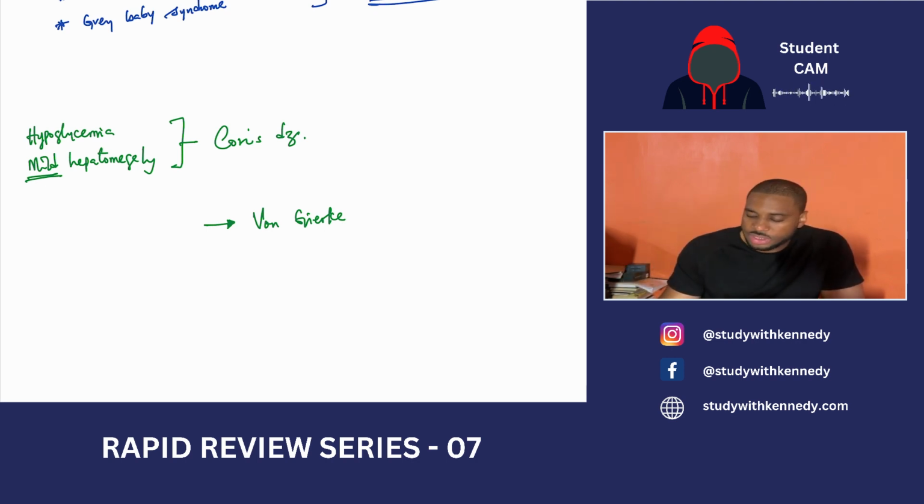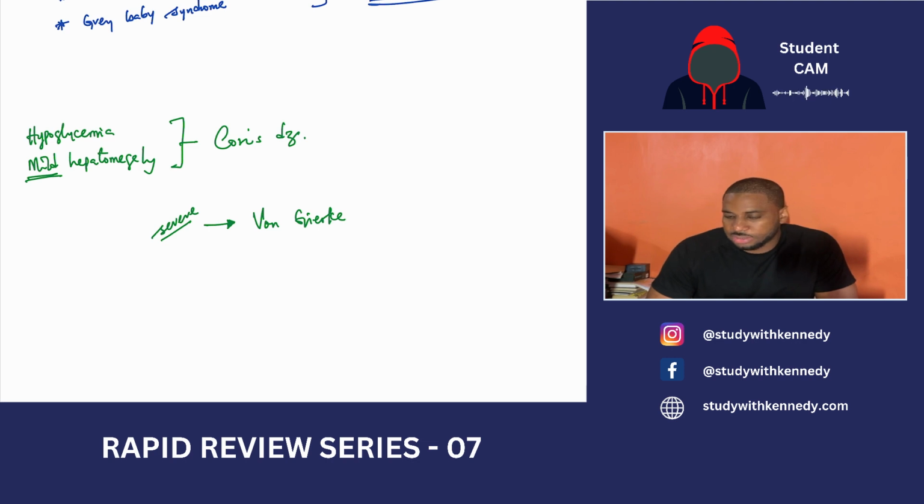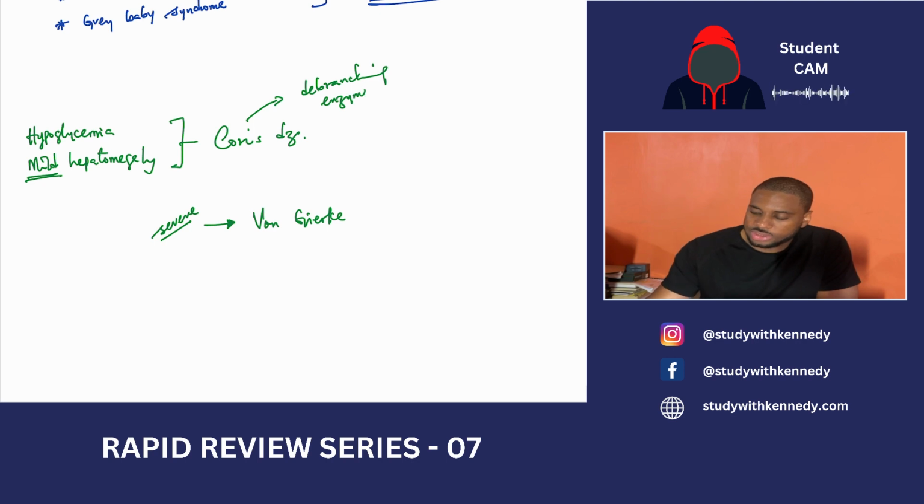Von Gierke disease is the one with the more severe hepatomegaly. These are people that also have lactic acidosis, hyperuricemia, right? Additional symptoms. What enzyme was deficient in Cori's disease? This is the branching enzyme. The branching enzyme. What enzyme was deficient in von Gierke's disease?